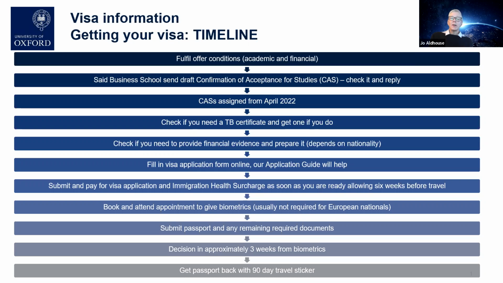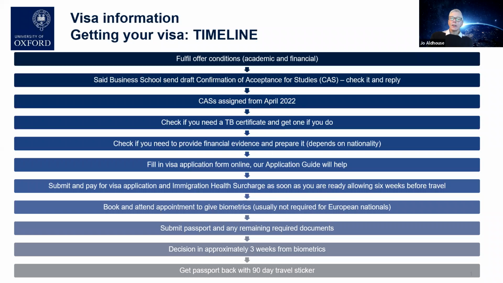Now, you will see lots of services available and different charges. As long as you're applying in good time for your visa, which I'd recommend about 6 weeks before you plan to be travelling to the UK at a minimum, you can use a standard service and you don't have to pay for all the add-ons or a priority service.